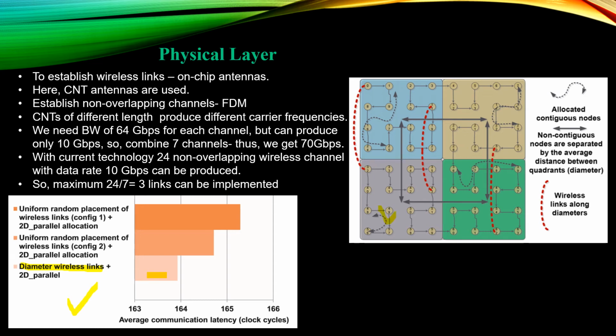In this diagram, these red colored dotted lines represent the wireless links along the diameter, and this diagram will be elaborated more in the next slide.